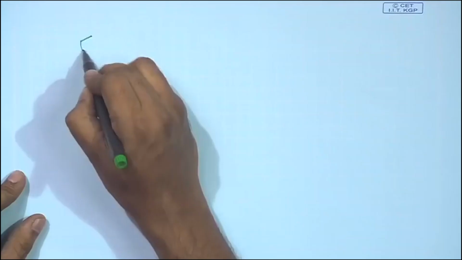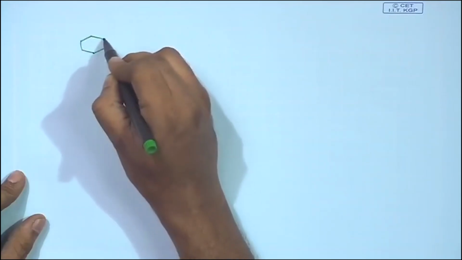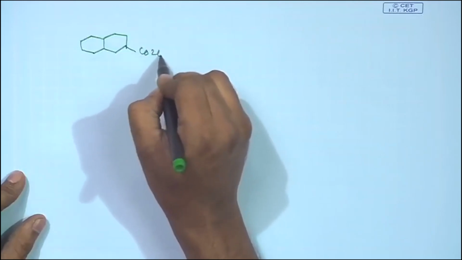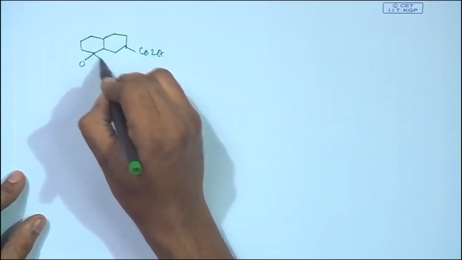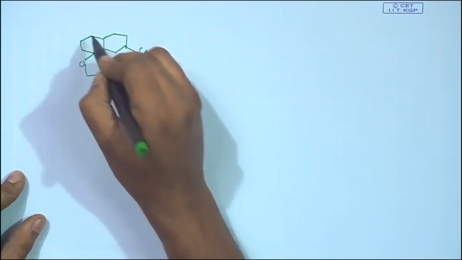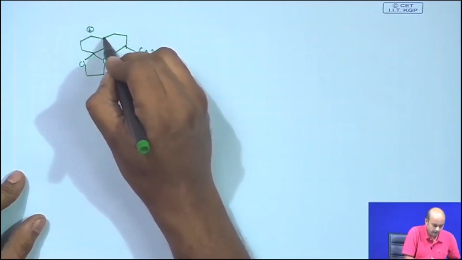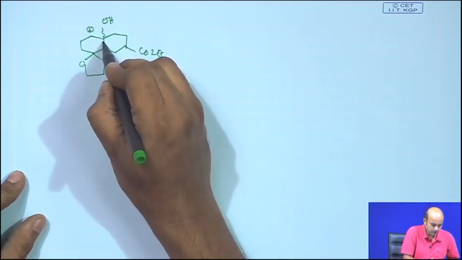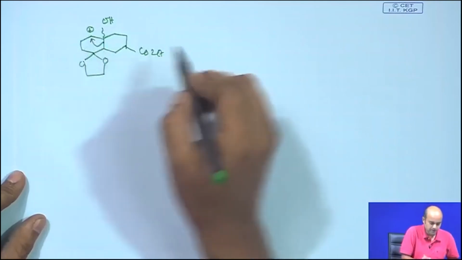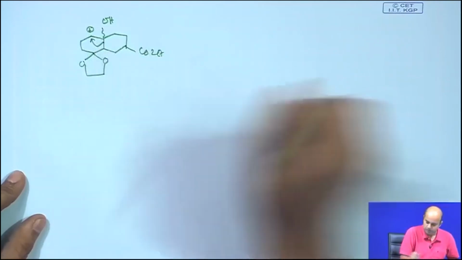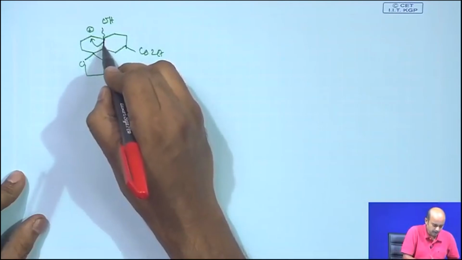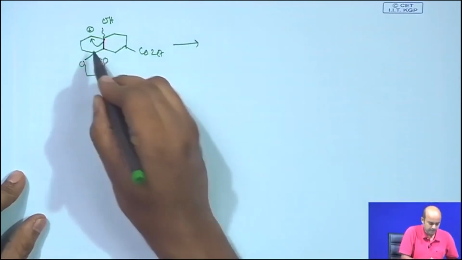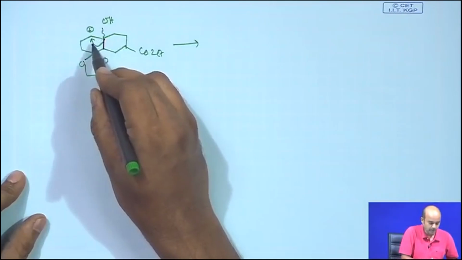So, in the earlier slide we said we will have a carbocation. We will draw the carbocation again. This is the carbocation and this is the OH. Now, this carbocation will be the rearranged carbocation, or this particular sigma bond will migrate, and once this migrates, the left hand side ring will now be a 5-member ring.